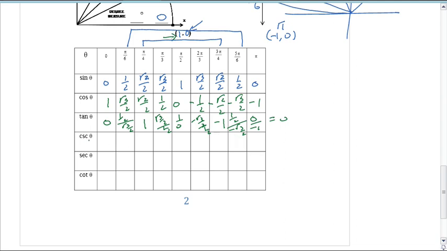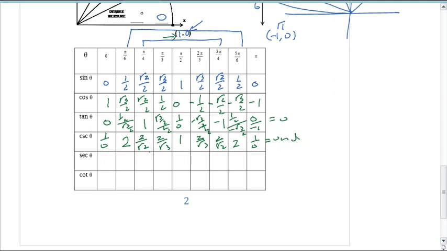To find cosecant theta, just take the reciprocal. Reciprocal of 0 is going to be 1 over 0, so undefined. Reciprocal of 1/2 is 2. Reciprocal of the next is 2 over radical 2. 2 over radical 3, 1. 2 over radical 3. 2 over radical 2. 2, and the reciprocal of 0 is 1 over 0, which is undefined.